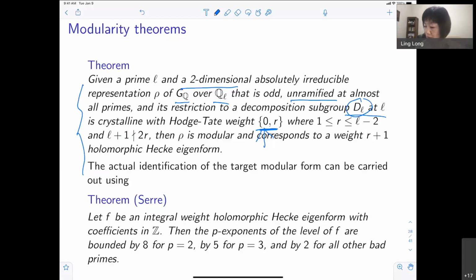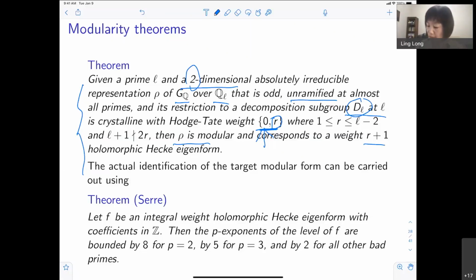And for the two-dimensional case, the conclusion will be that your representation will be modular. It will correspond to, if you look at the second Hodge-Tate number, r+1 weight holomorphic Hecke eigenforms.